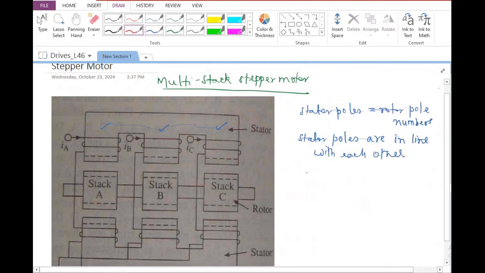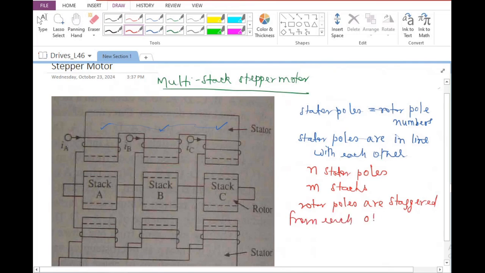So let us say there are n poles, stator poles or rotor poles, and m stacks. The rotor poles are staggered from each other by 360 degrees divided by the product of n and m.